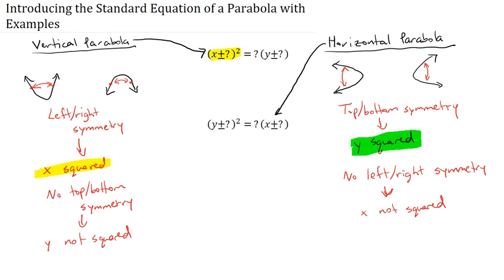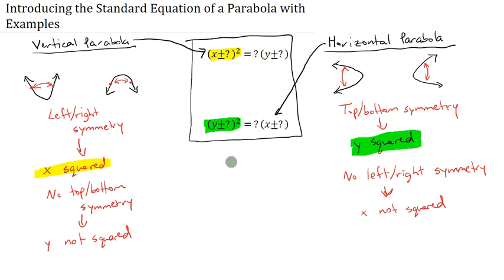Think about the symmetry, because the symmetry ideas apply to ellipses and hyperbolas as well. Ellipses and hyperbolas have both types of symmetry, which means both variables will be squared. For parabolas, only one variable is squared, and the squared part is isolated.